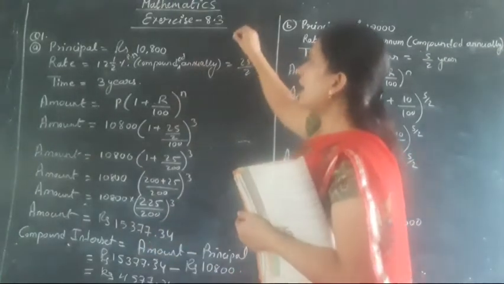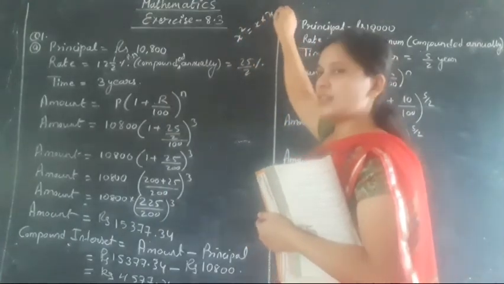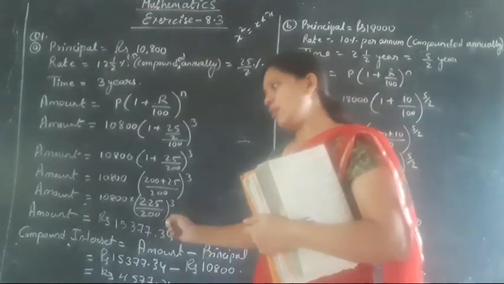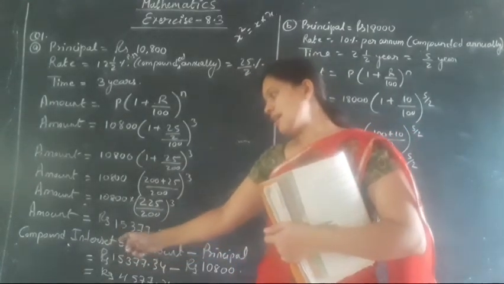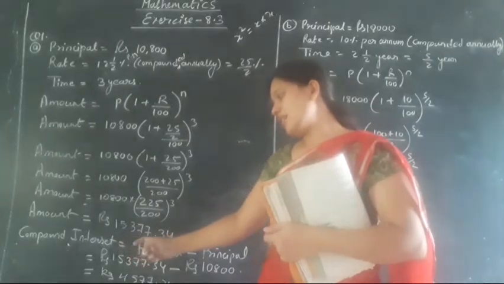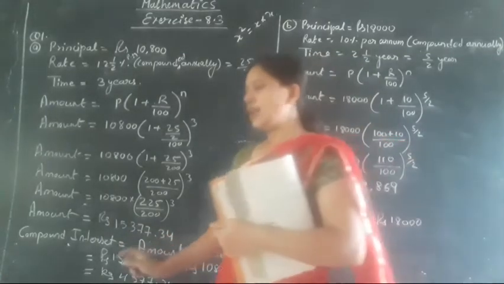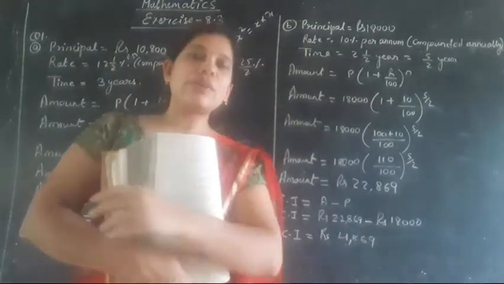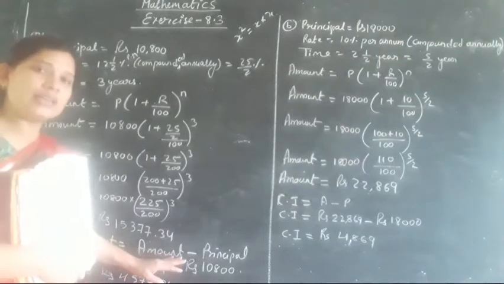As we are having x to the power 2, so x is multiplied as x into x, isn't it? So in the same way, here this number will be also multiplied. While doing the calculation, we will get the required answer as 15,377.34. Clear? So this is the amount we are having. After finding the amount, we are going to find the compound interest, as compound interest is equals to amount minus principal.